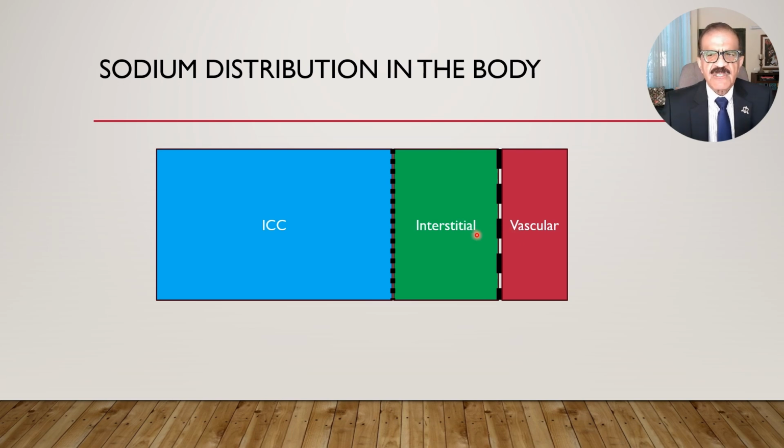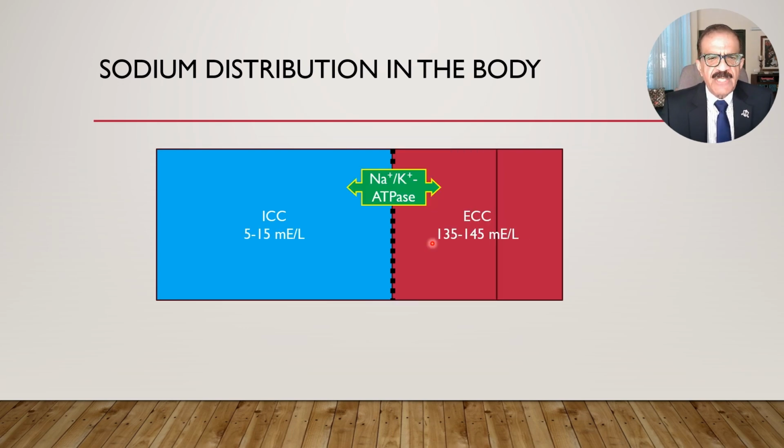So as far as sodium and chlorides are concerned, these two compartments are actually one, as shown in this picture. So for the purpose of sodium and potassium and other electrolyte discussion, we have only two compartments, intracellular and extracellular.